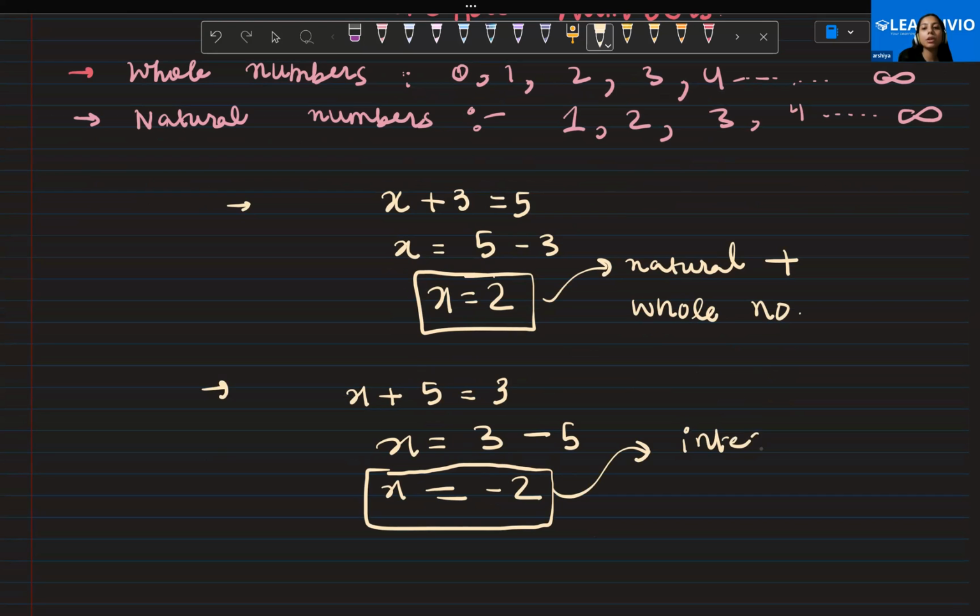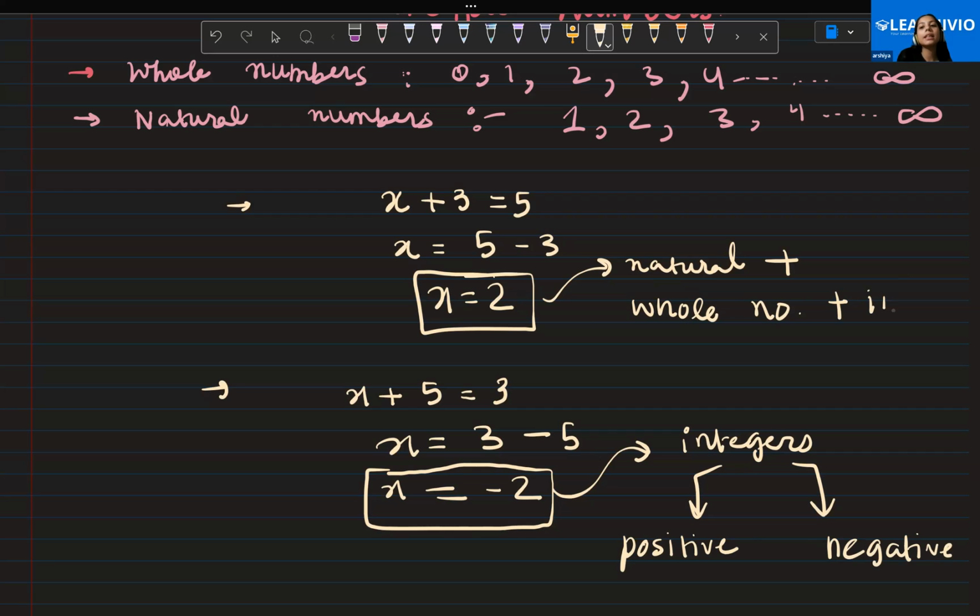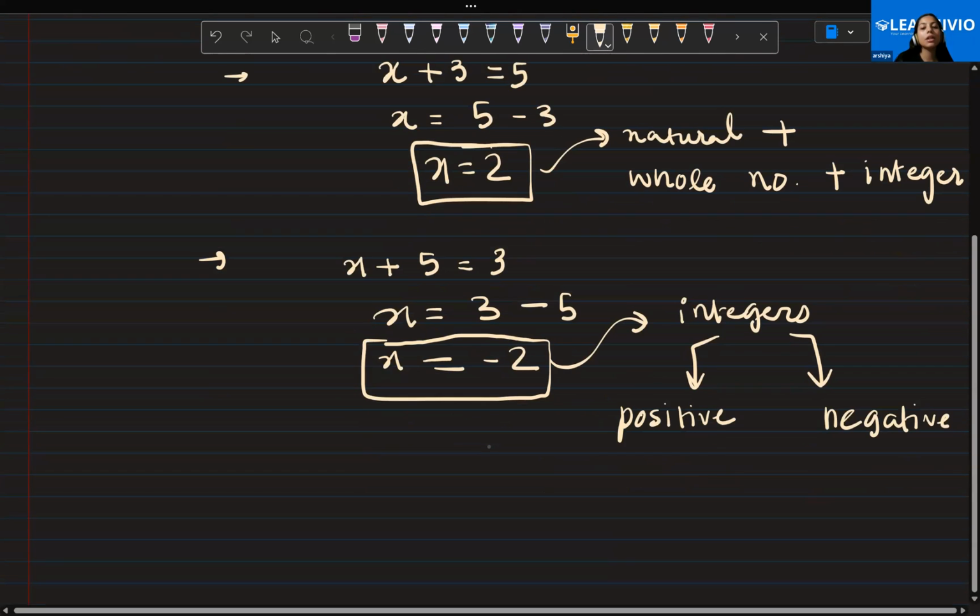Do you remember integers? Yes, ma'am. Integers are both positive and negative. So I can call 2 a whole number, a natural number, and also an integer, whereas negative 2 I'll call an integer.